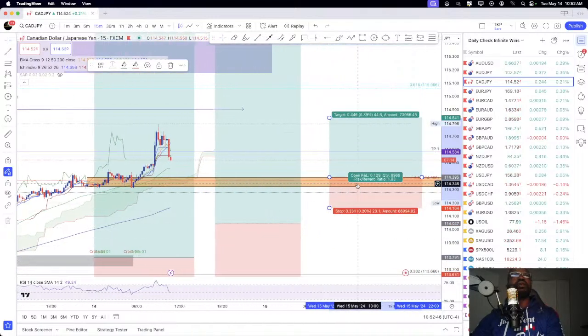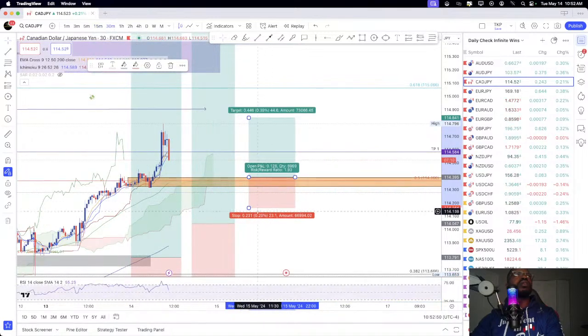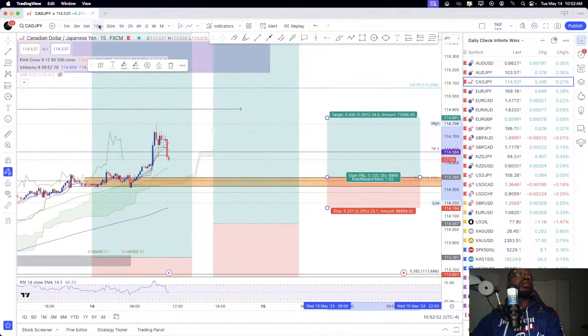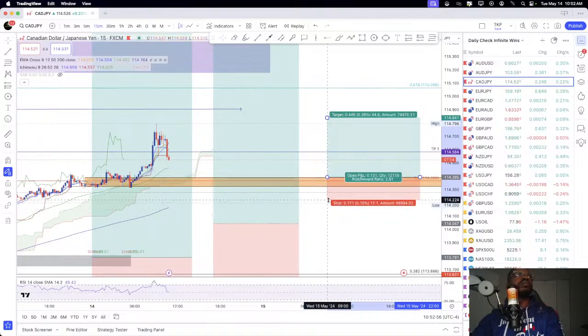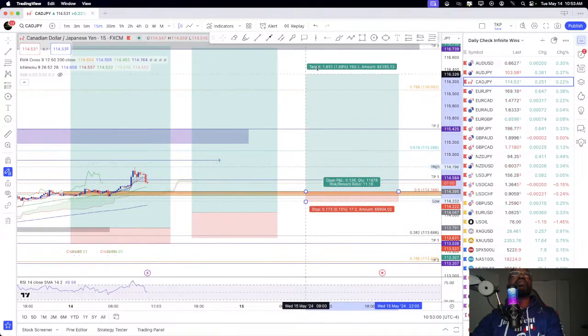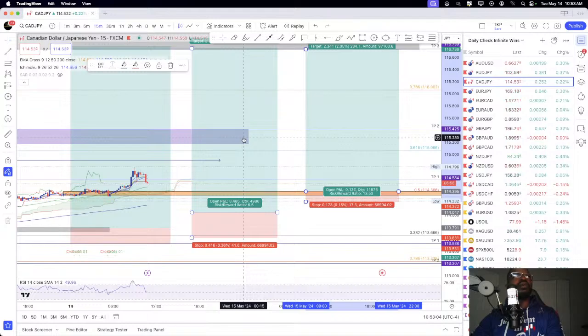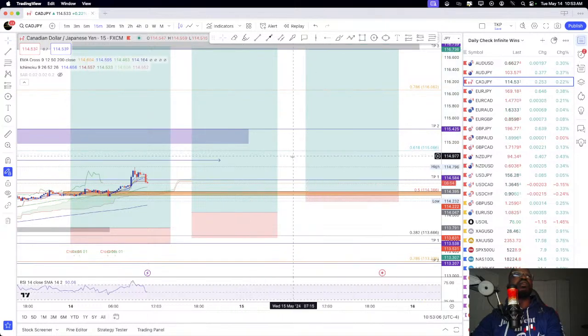Let's see if this level holds. We'll take our stop loss. Let's put our stop loss beneath this low here. And let's go ahead and stretch this thing out to TP3. So for here, we got a 1 to 11 trade set up. Right here, we got a 1 to 6, and this is a 1 to 13.